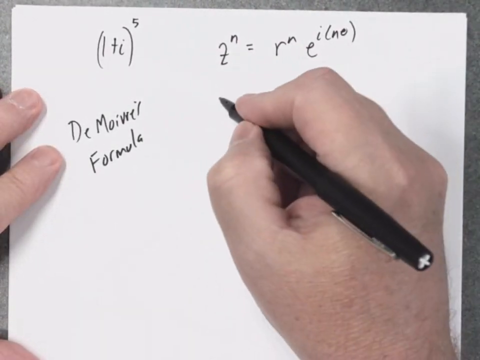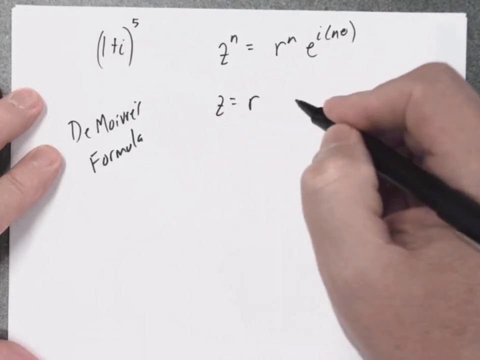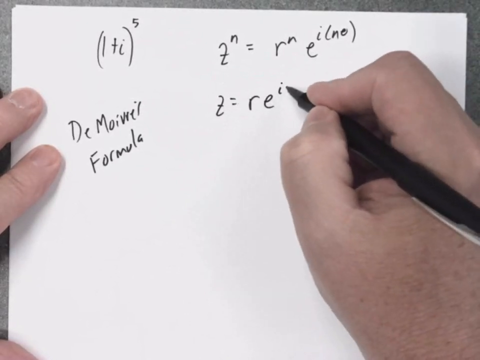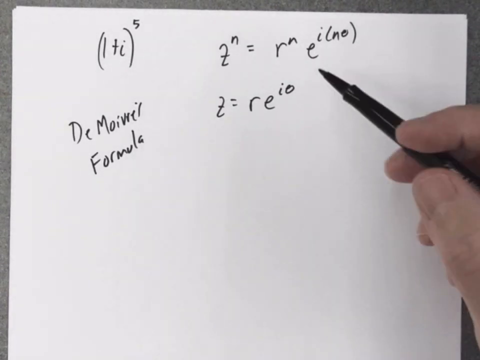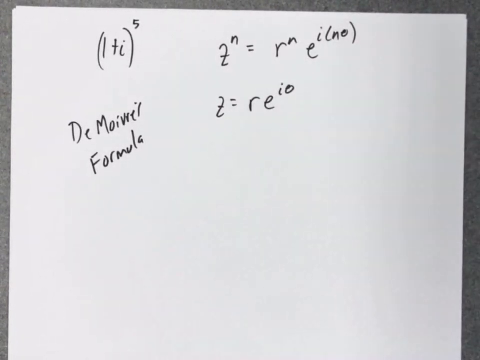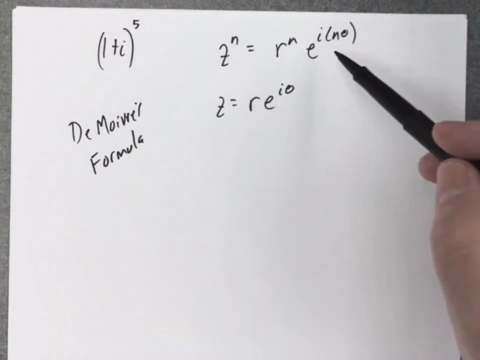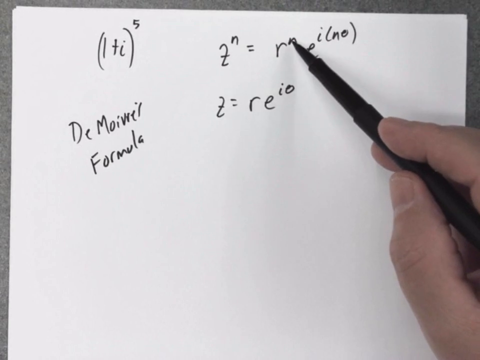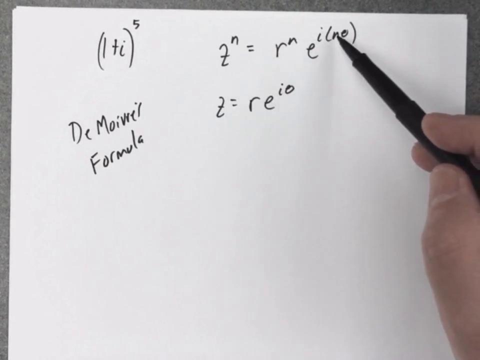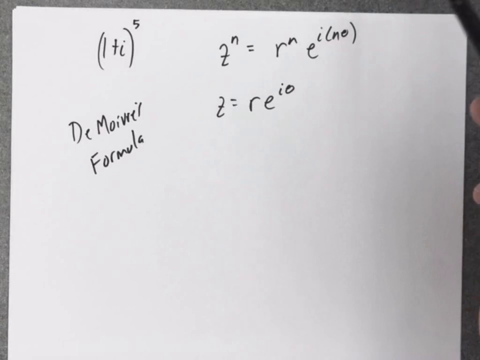So in other words, if you have your number written in exponential form, and you want to raise that complex number to a power, you can follow this formula. You simply raise the r number to that power, and then you take the power times your angle.